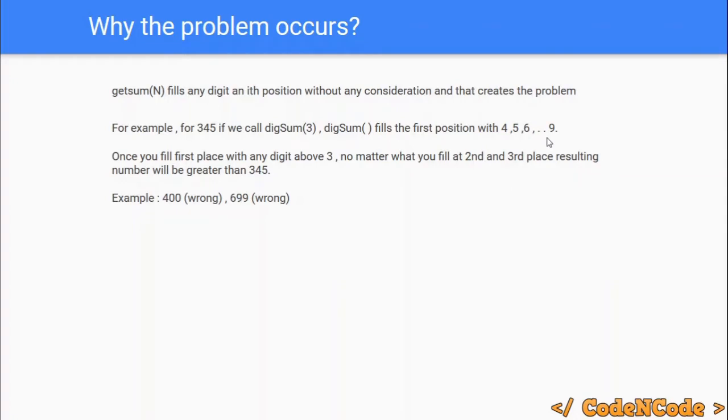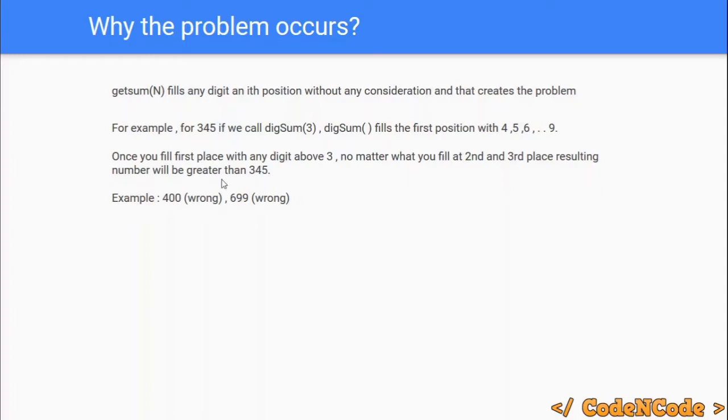But if you fill the first place with any digit greater than 3, no matter what value you fill at the second and third place, the resultant number is going to be greater than 345. For example, let's fill the first place with 4. Even if I fill the second and third place with the smallest digit available, that is 0 and 0, the resultant number is still greater than 345.